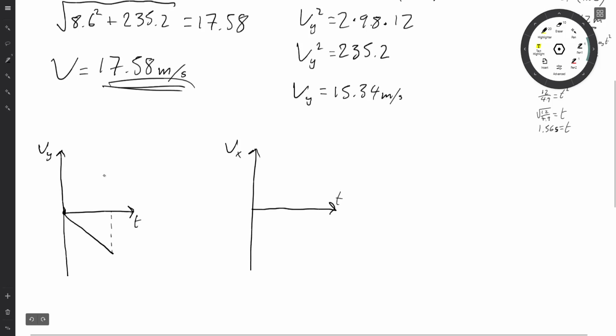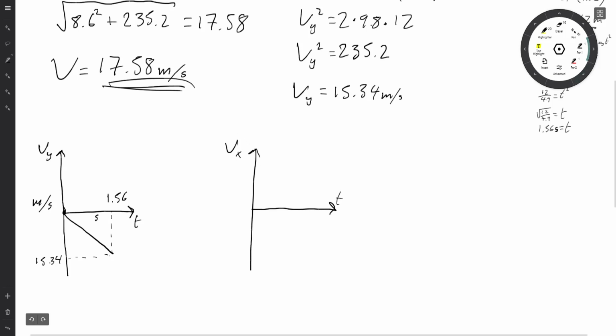And after 1.56 seconds, it becomes 15.34. So this is in meters per second, and this is measured in seconds. So meters per second, seconds, and 15.34 meters per second after 1.56 seconds.